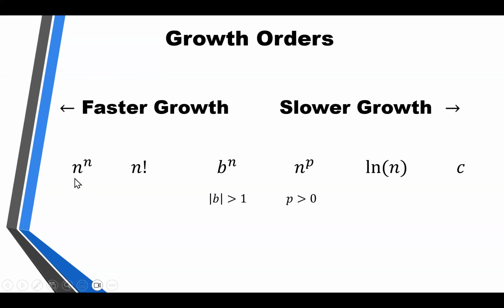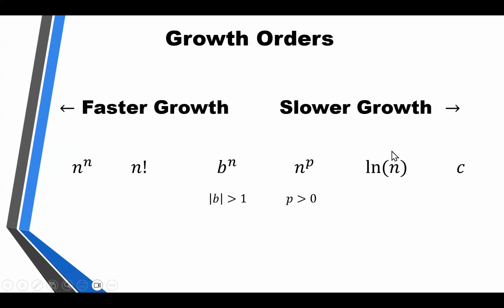So if we have a numerator and denominator that are doing one of each, the n to the n is going to be the faster order. That's going to determine what the fraction does. n factorial growth is faster growth than exponential growth. n to the p type growth is slower growth than exponential.